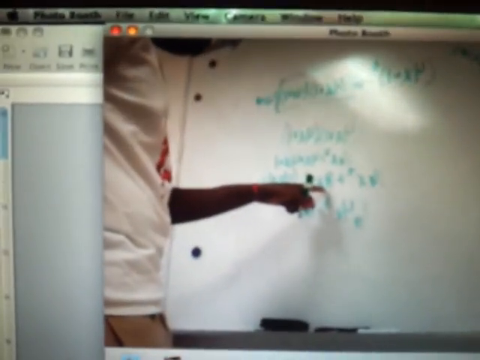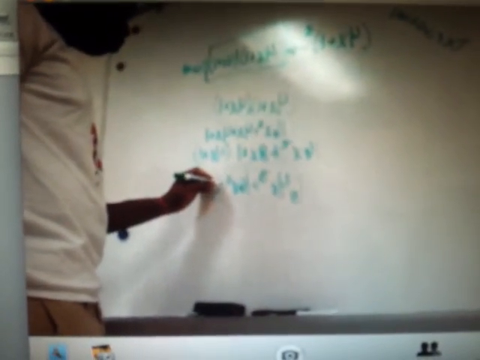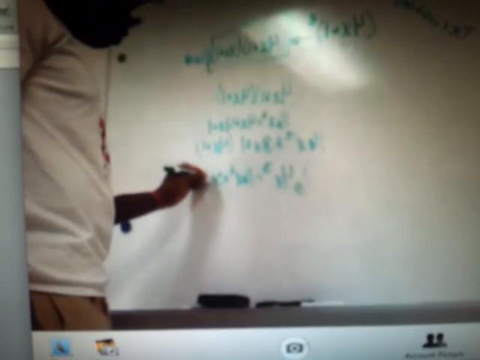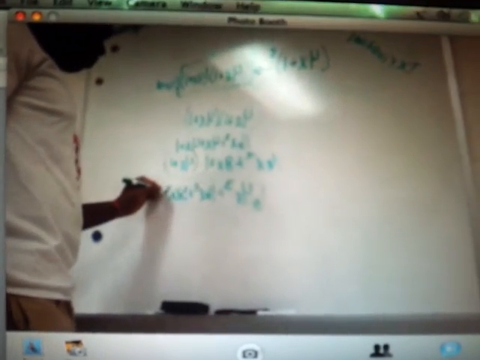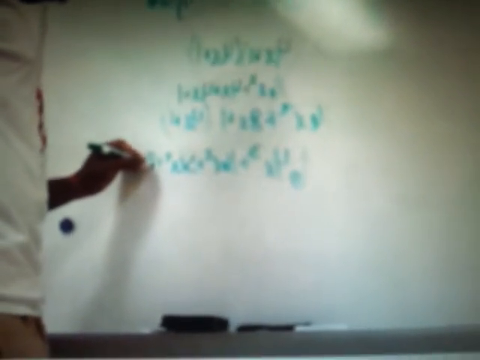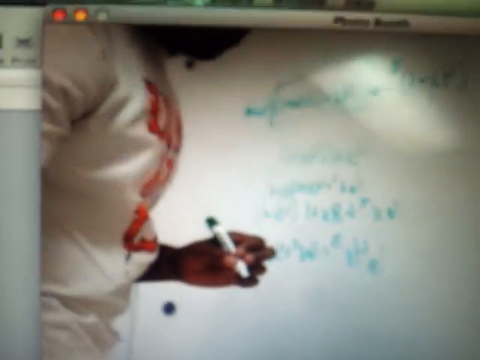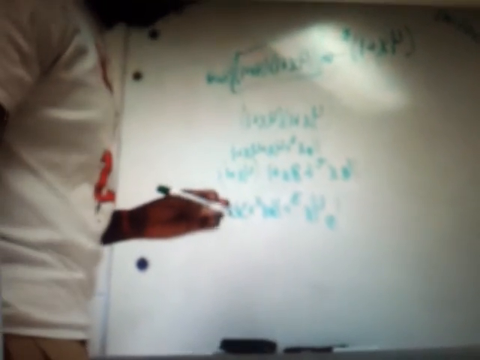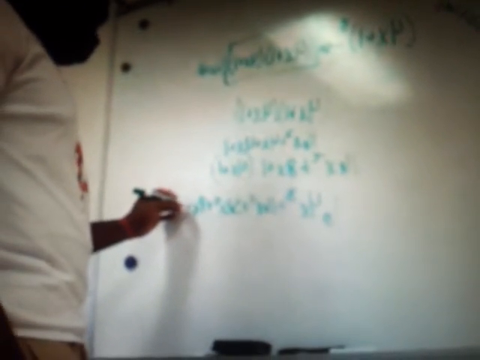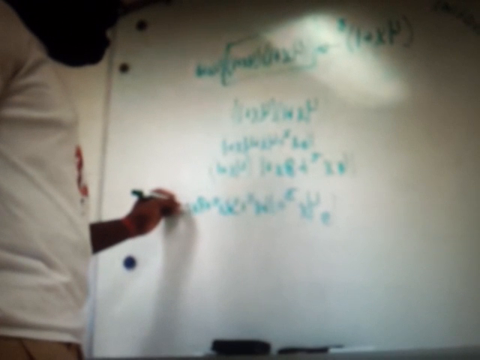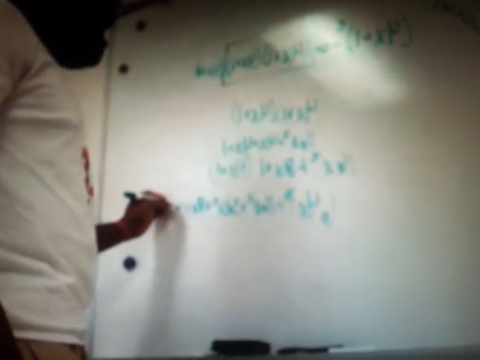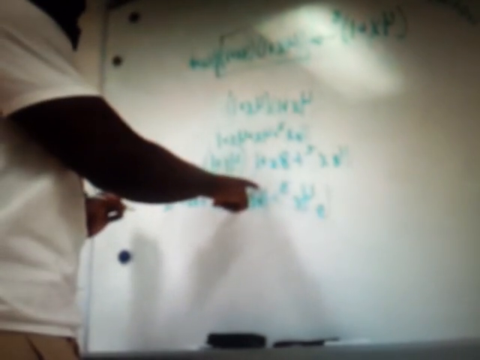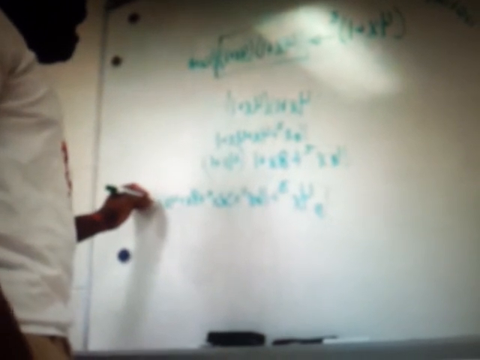Next, 8x times 4x equals 32x squared. 8x times 1 equals 8x. 1 times 4x is 4x. 1 times 1 is 1.